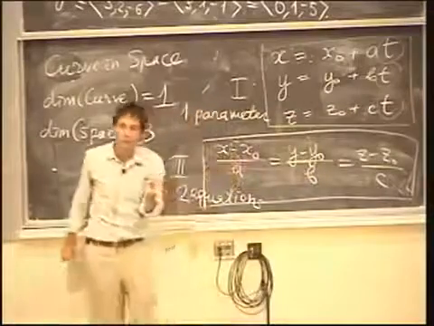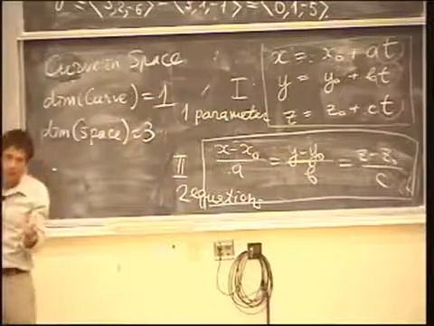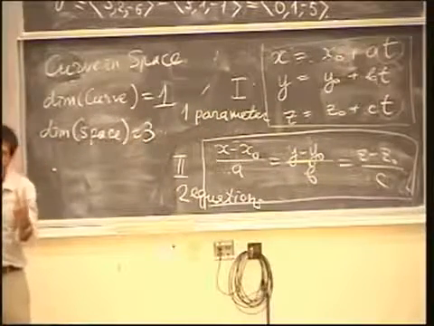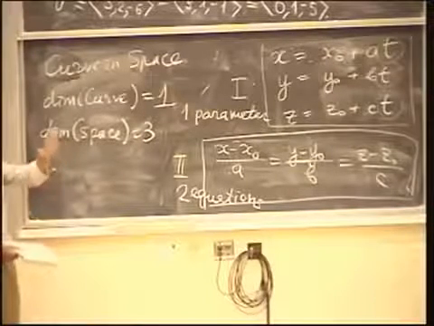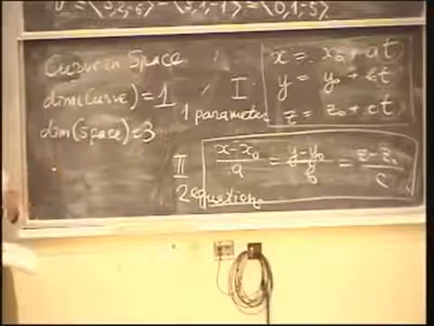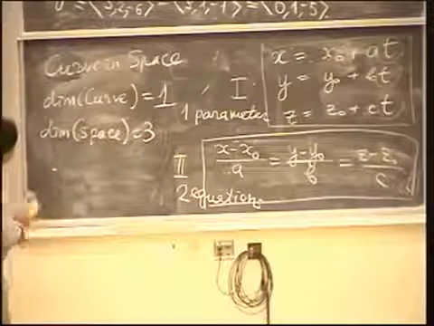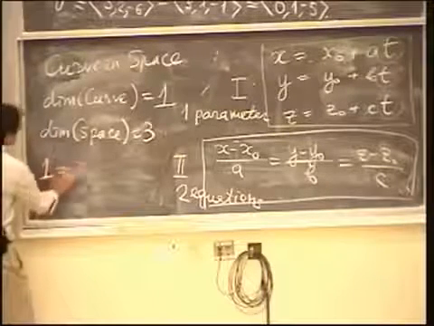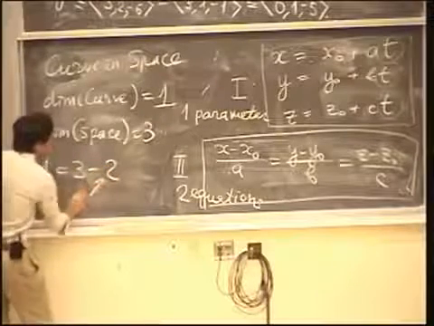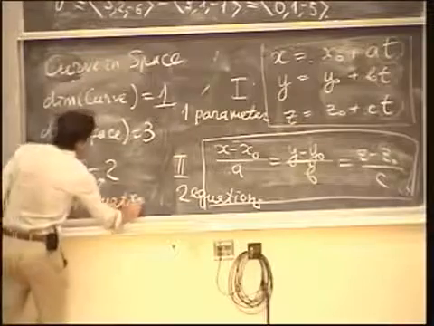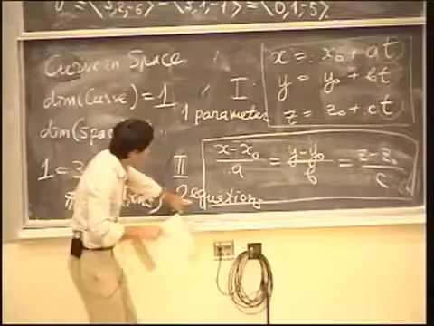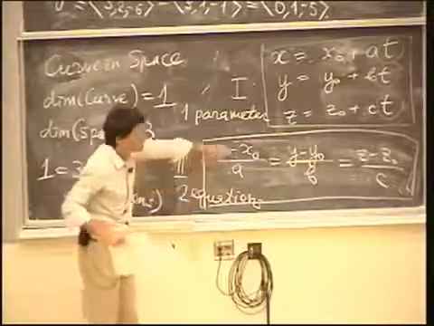But if you want to describe your line by equations, you have to use two equations now. Because you have to be able to come down from 3 to 1. You have to drop the dimension from 3 to 1, so you have to impose two independent equations. Right? So 1 is equal to 3 minus 2. That's the number of equations. That's why it's not surprising that we really have two equations describing this line.